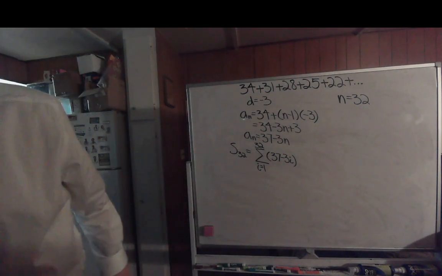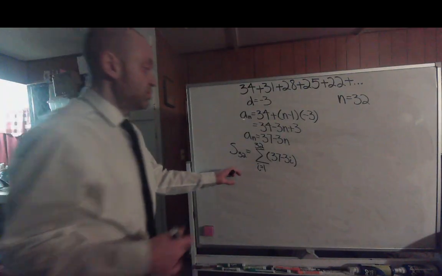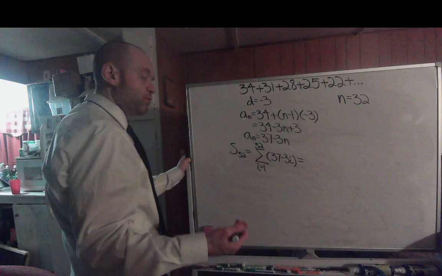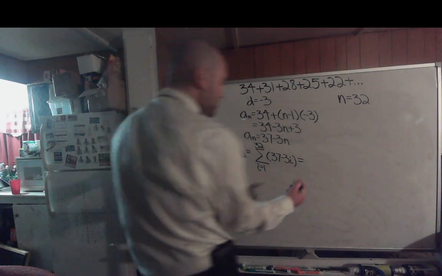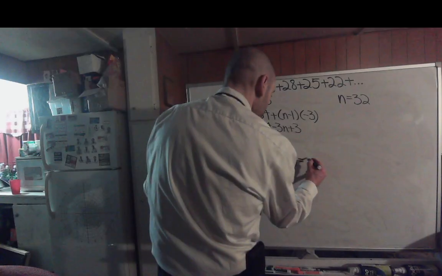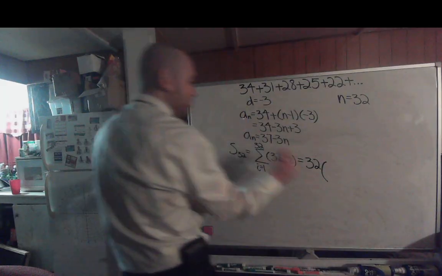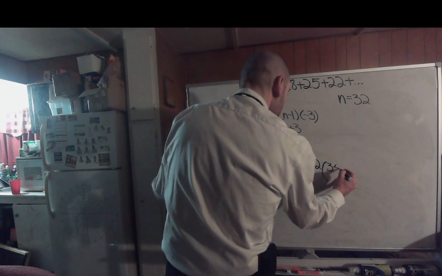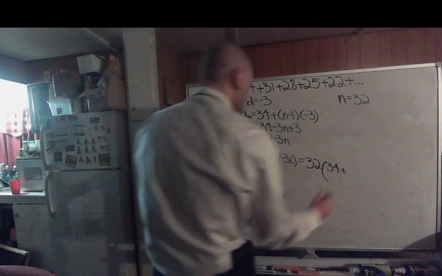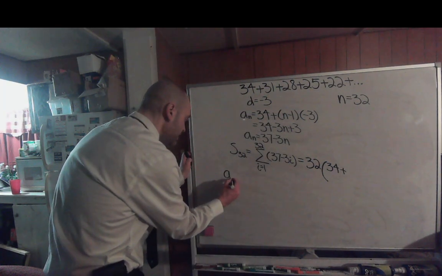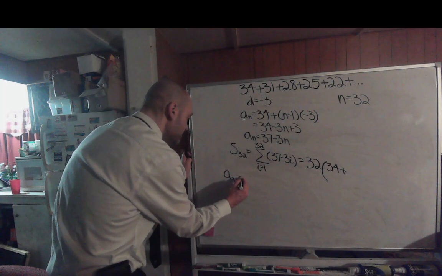Now, we need to then use our arithmetic series formula to find the sum of the first 32 terms. So 32 for your n times the quantity of a sub 1, which is 34, plus your a sub n, which would be a sub 32 in this case. So we need to find the 32nd term.